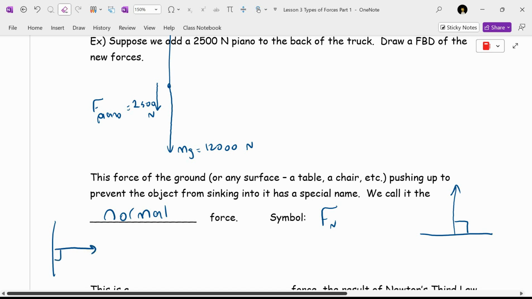It's not pushing at an angle. So the word normal in math is one of the many words that means perpendicular to, or at right angles to, or orthogonal to, or tangent to. There's a bunch of words that mean at right angles to. And we'll symbolize it capital F with a subscripted N.